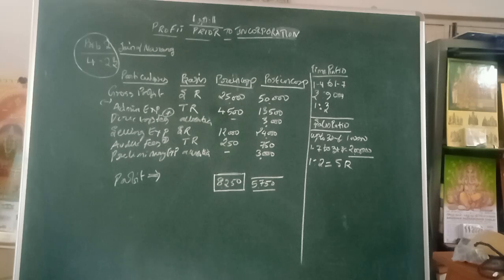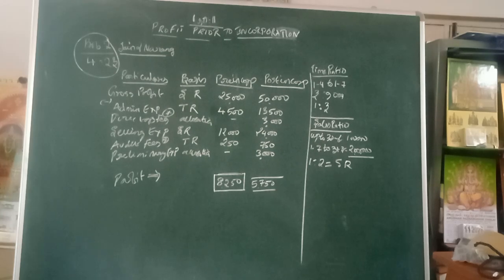Accordingly we take the number of months from the start of the business to the date of incorporation as the pre-incorporation period, and from the date of incorporation to the year end given in the question. Don't assume April to March or January to December. Whatever information is given in the question, accordingly you take the year end. Okay, pre-incorporation period and post-incorporation period we have taken.